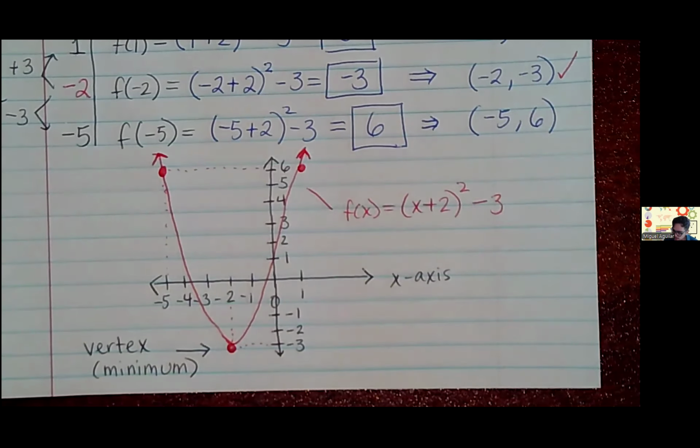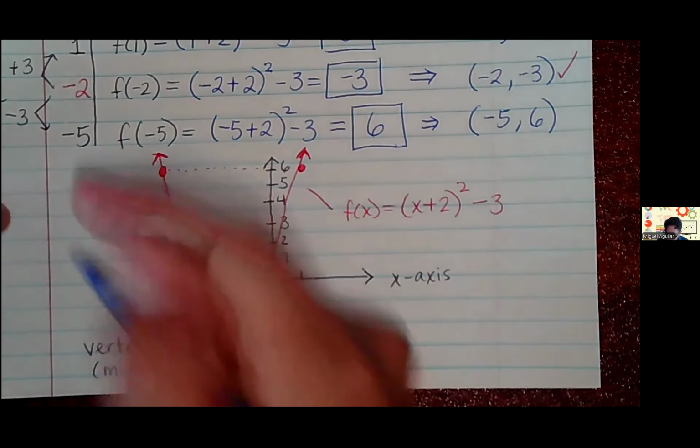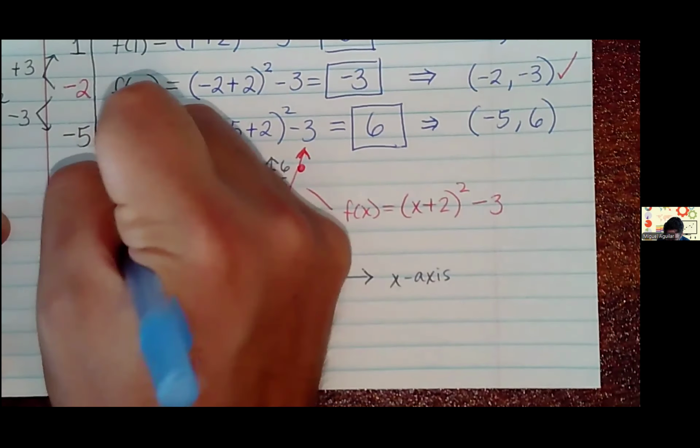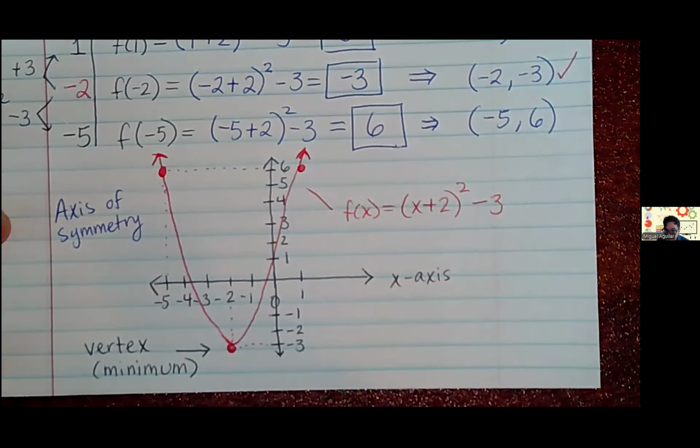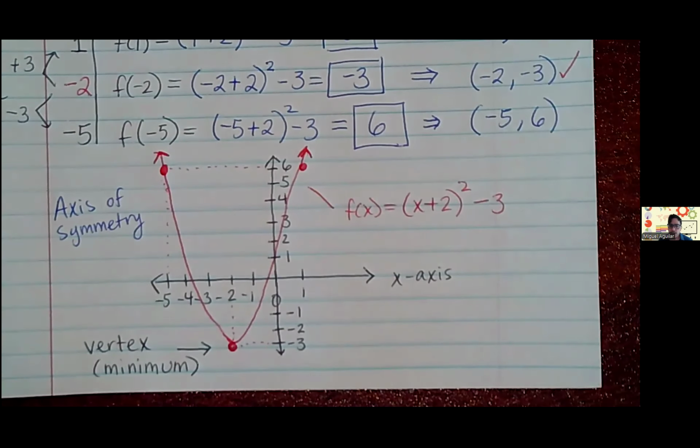Okay. Then there's another feature that you're going to be asked to find for the graph, and that is called the axis of symmetry. If you think about your definition of symmetry from grade school, if something is symmetrical, that means that you have a shape or an object that if you fold perfectly in half, the two sides basically kiss each other, they land perfectly on top of each other.